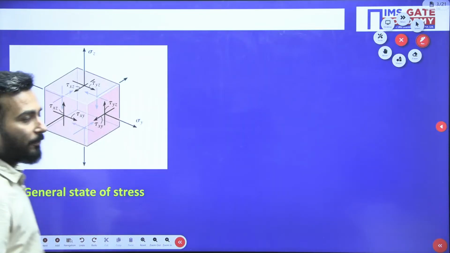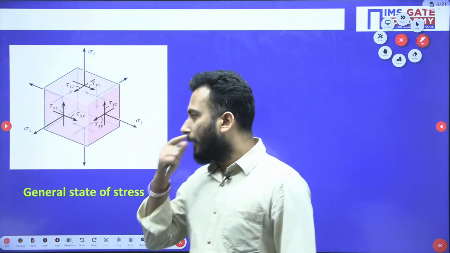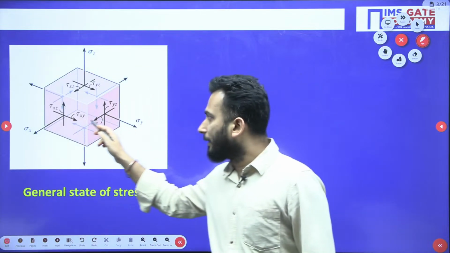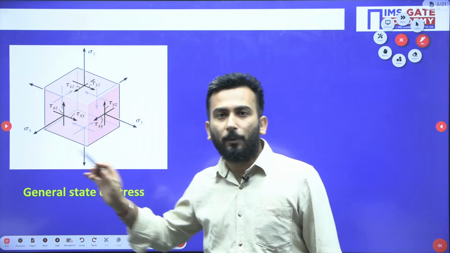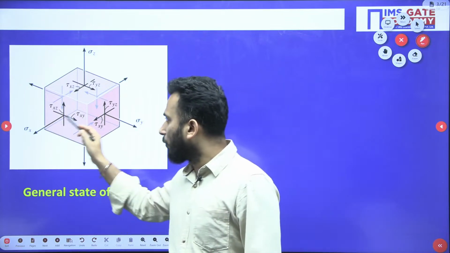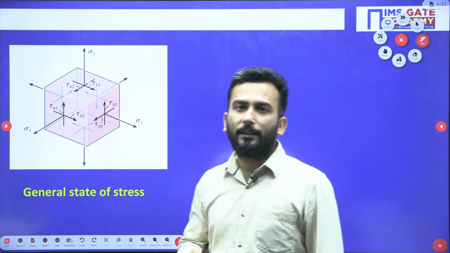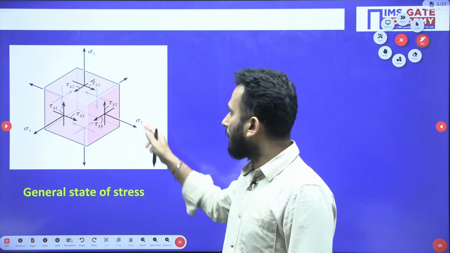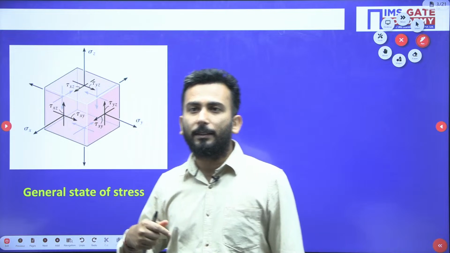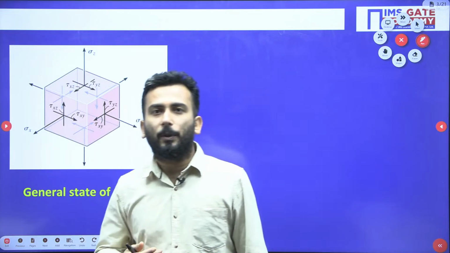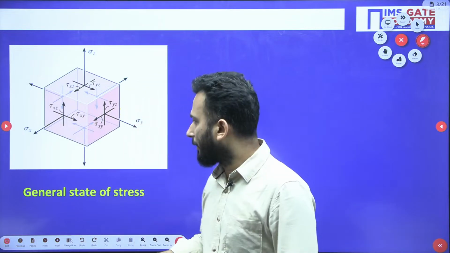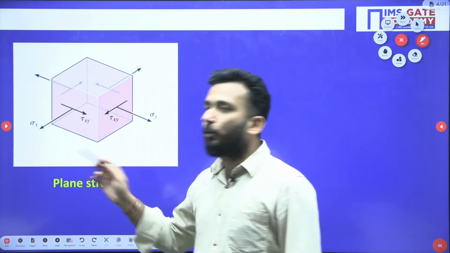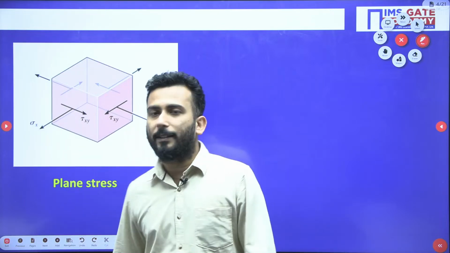Just a brief recap: we started with the general state of stress. You can see 3 normal stresses, 6 shear stresses, but 3 independent shear stresses, so that means a total of 6 independent stresses. Then we reduced it to the plane stress condition.